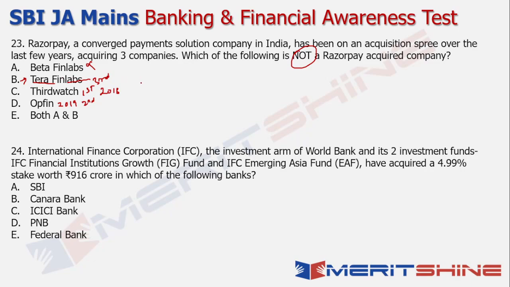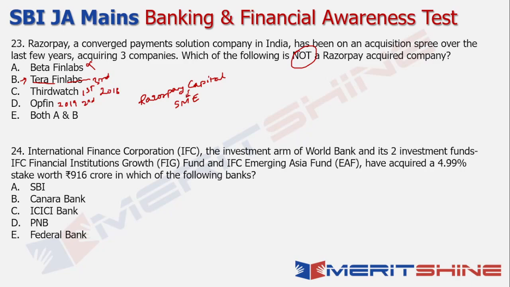Now, the tech stack, risk management capabilities and onboarding solutions of Terra will be used to create a credit line for the merchant network of Razorpay. That's what it plans to do. And Razorpay will use this acquisition for one of its entities, Razorpay Capital, which is the small and medium enterprise lending business of Razorpay.